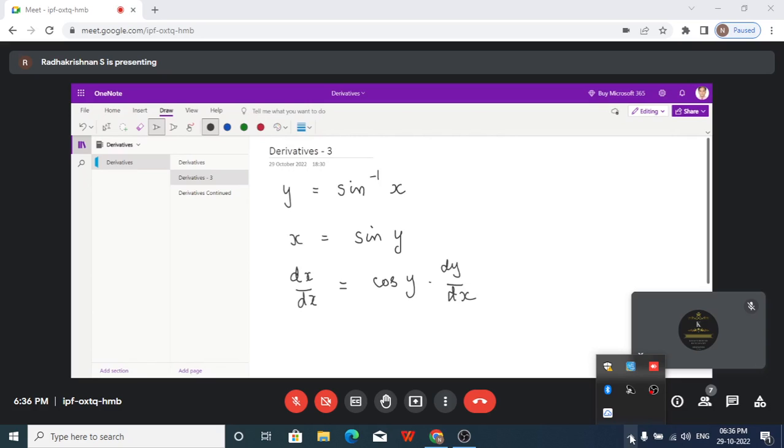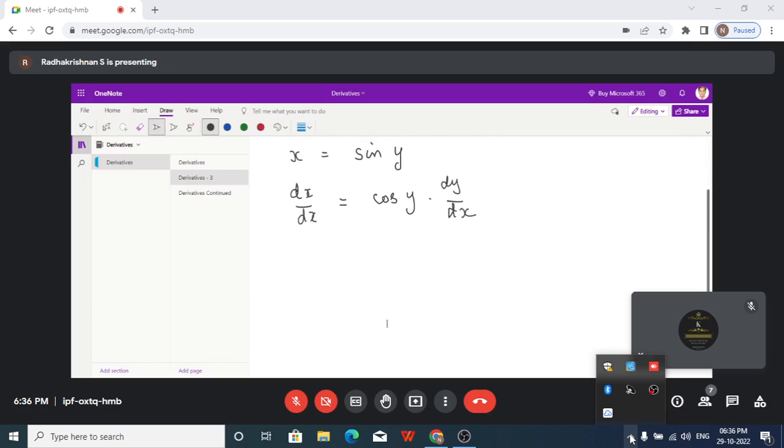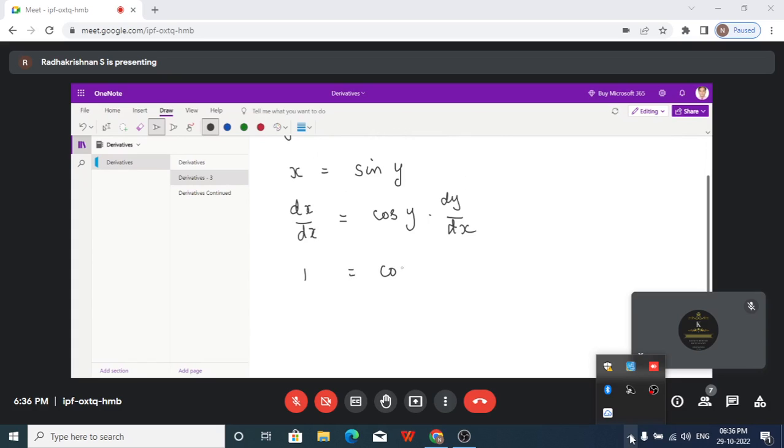Okay. So that means this is 1, right? Left hand side is 1. So this is cos y dy by dx. So that means dy by dx is 1 by cos y.